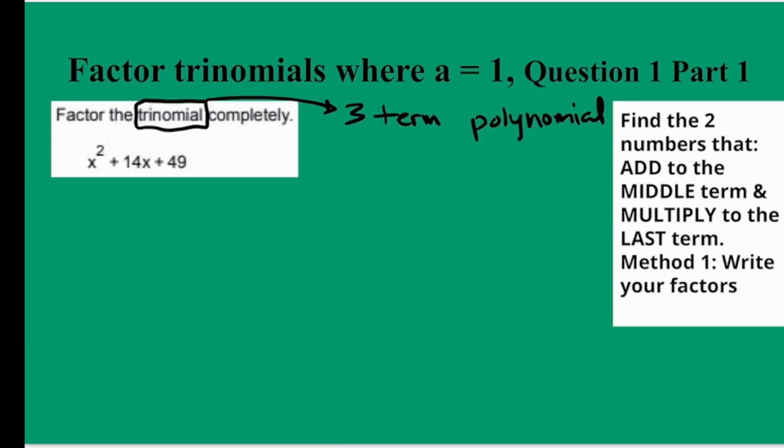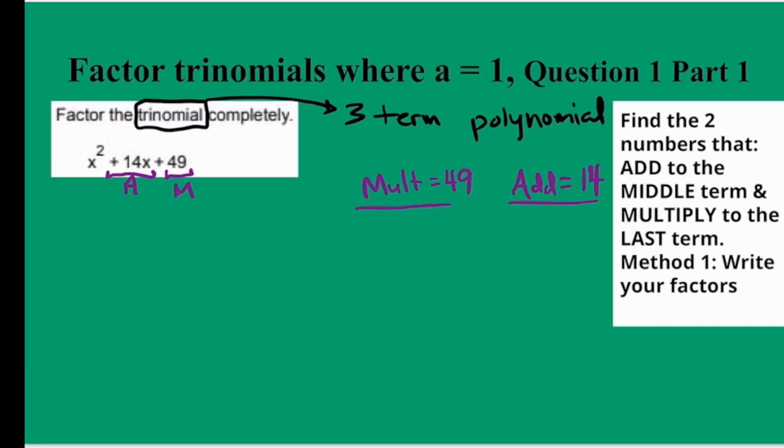So the simplest way of doing this, you have to find two numbers that add to give you the middle term and multiply to give you the last term. So specifically, you need numbers that multiply to give you 49 and that are going to add to give you 14.